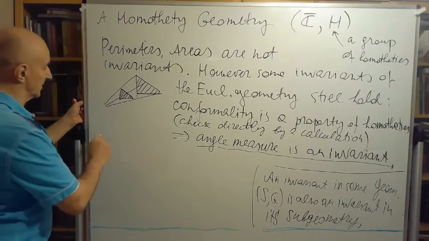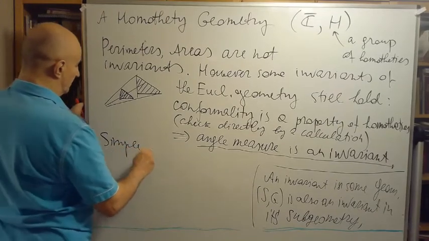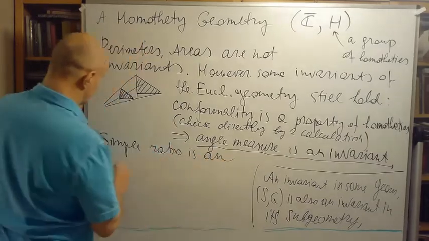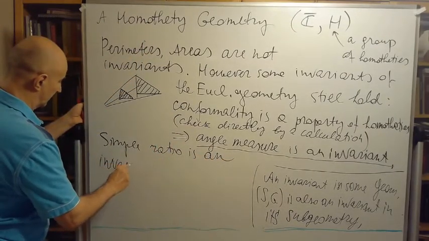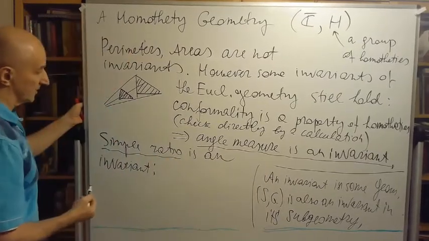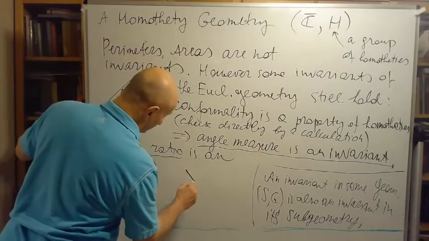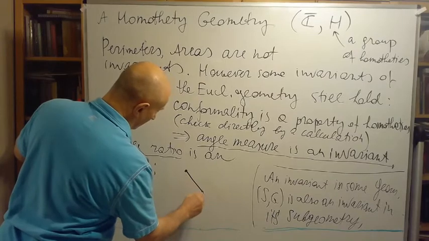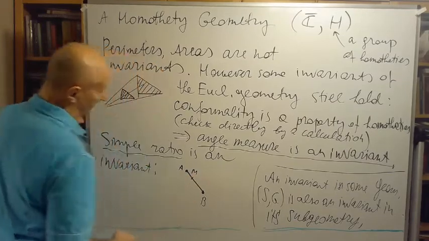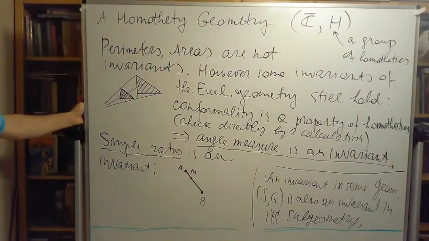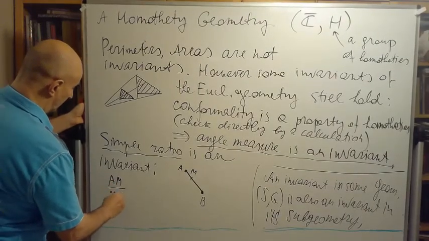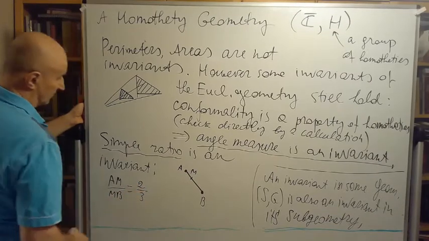The thing called simple ratio. Simple ratio is an invariant. What is a simple ratio? Whenever you have a segment, suppose segment AB, and it is divided by point M into some ratio, so AM over MB is, say, in the ratio 2 to 3.